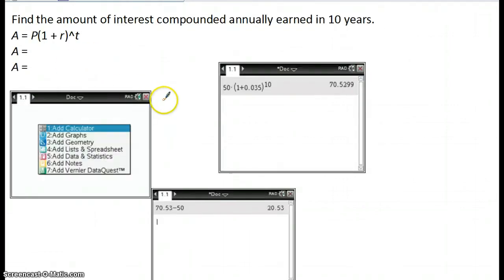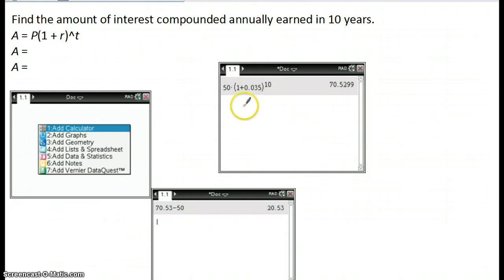Now, if I looked at compound interest, and I want to walk you through this with the Nspire if you're using it. So I want to add a calculator, home page, and add a calculator. And then what I've done is I took $50 times, that little raised dot is times, parentheses 1.035, that's 1 plus my interest, raised to the 10th power.